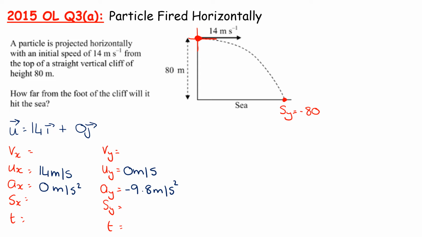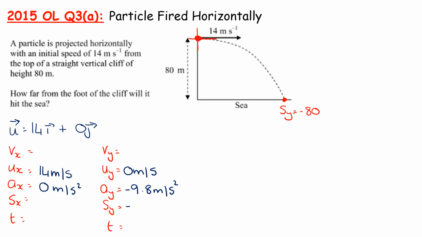So S, remember, is displacement, not distance. Very subtle differences. However, when we get into projectiles here, that difference is huge. It means that we can have negative displacement where we couldn't have negative direction or distance. We can also have the idea of after movement, S is 0, so that it hasn't displaced even though it has traveled a distance. So our SY here is minus 80.